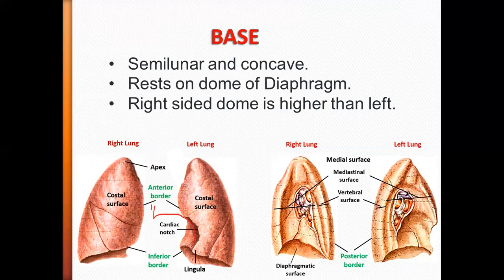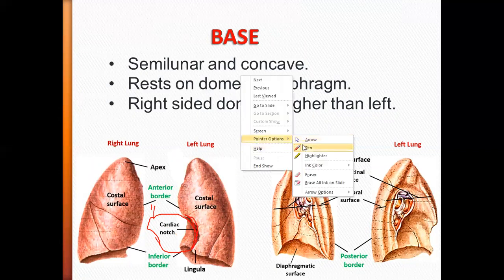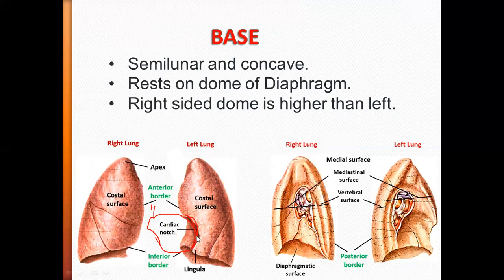In this area, more of our heart will be situated. That is the major reason this notch is formed. Understood? So this is the cardiac notch. So the anterior border of the left lung has one important feature, that is our cardiac notch.